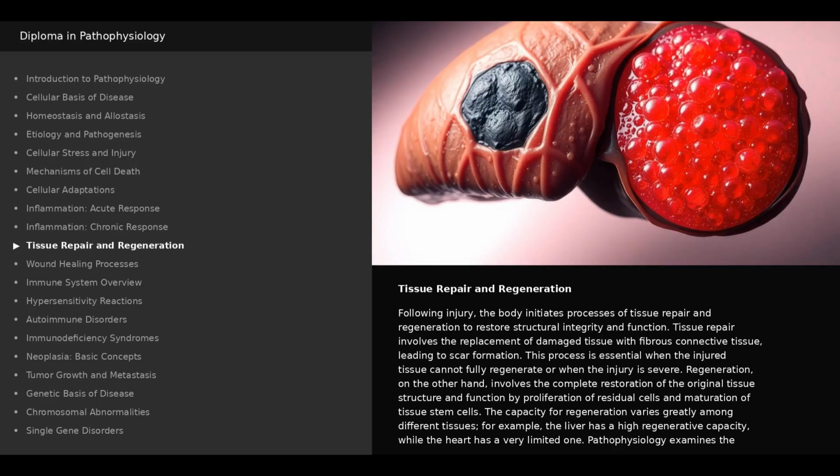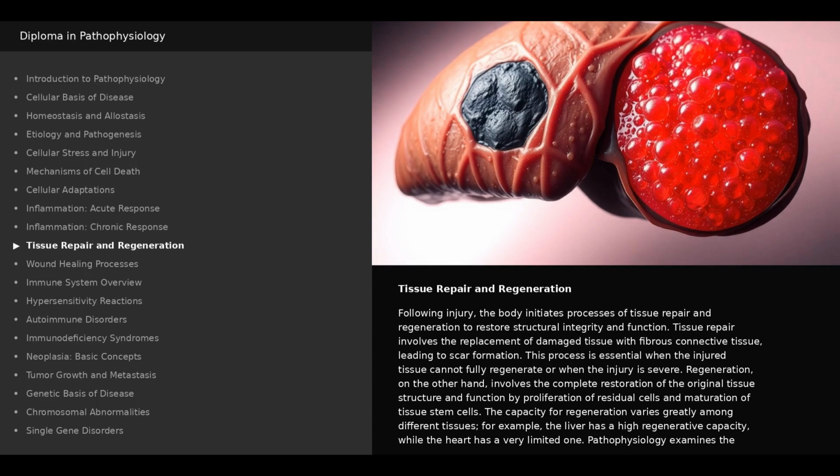Tissue repair and regeneration following injury. The body initiates processes of tissue repair and regeneration to restore structural integrity and function. Tissue repair involves the replacement of damaged tissue with fibrous connective tissue, leading to scar formation. This process is essential when the injured tissue cannot fully regenerate or when the injury is severe.